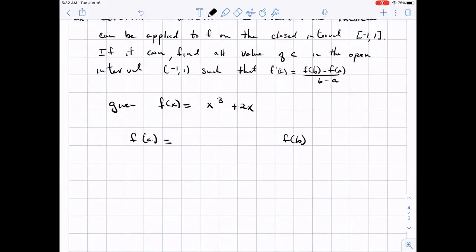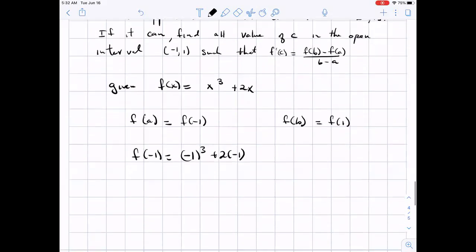So f of a would be f of minus 1, and f of b would be f of 1. So f of minus 1 will be minus 1 cubed plus 2 times minus 1, which is minus 1 minus 2, so this is negative 3.